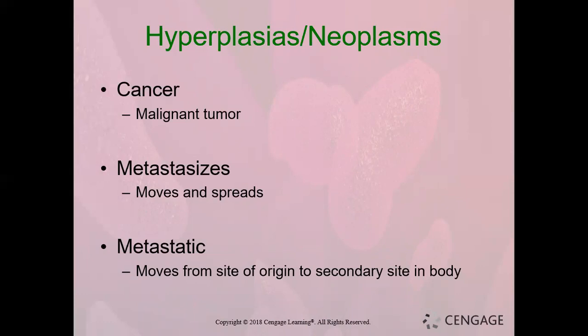And it's because when they go to do a biopsy of the different cells, it'll have components, I guess would be the better word, of that first initiation where it was started. So it may be in the liver, but they can see that it developed in the breast or wherever it started. Metastatic means it moved from the site of origin to a secondary site in the body. And there are some cancers that are more likely to move than others.